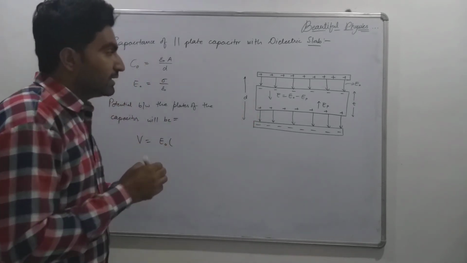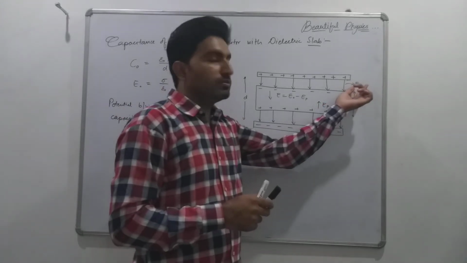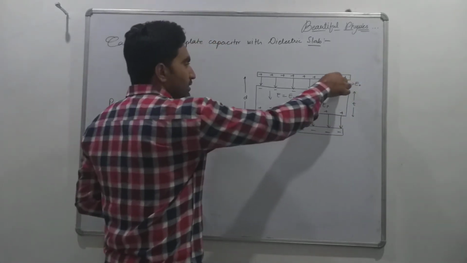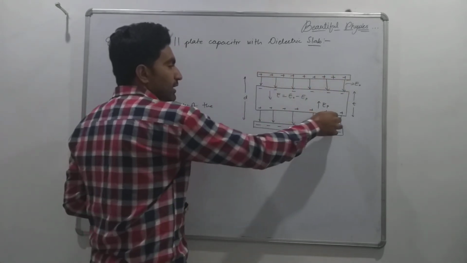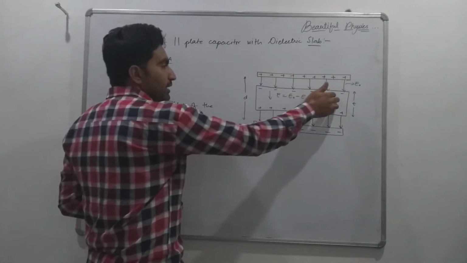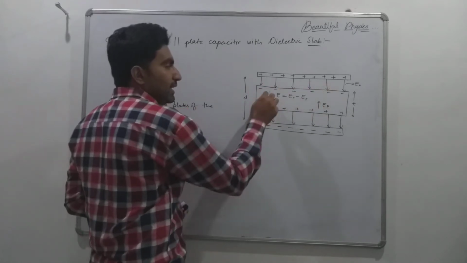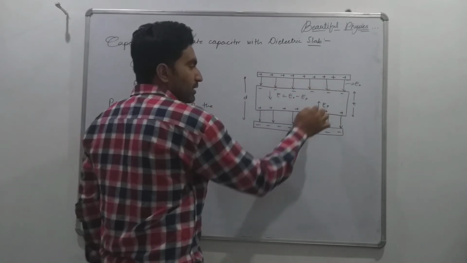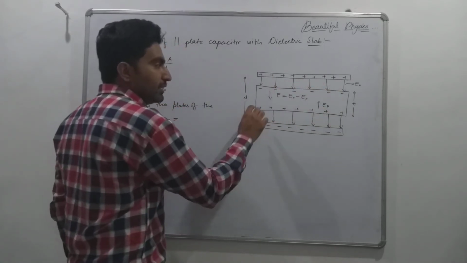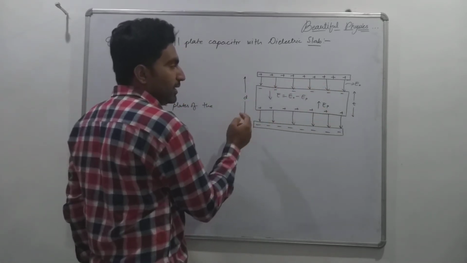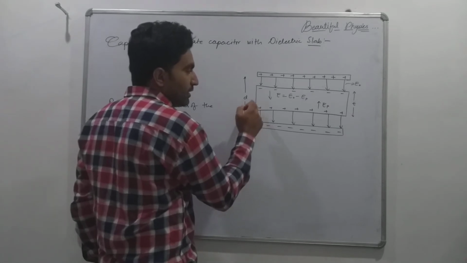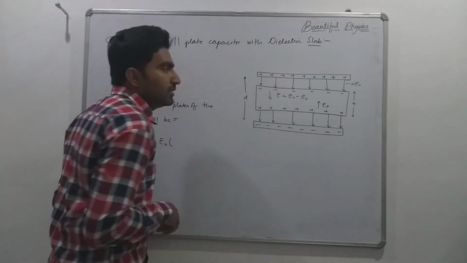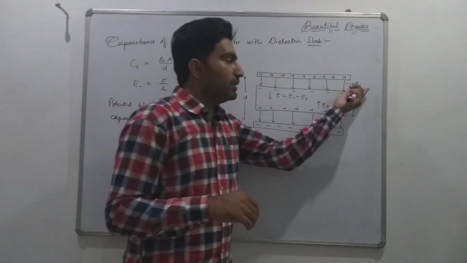We have to check the electric field E naught. Okay, E naught electric field is present only in this region and in this region. Here the electric field inside the dielectric is E, and E naught is the electric field in the space outside the dielectric, and that space can be written as, if we subtract t thickness from d, then we have a region where the electric field E naught is present.